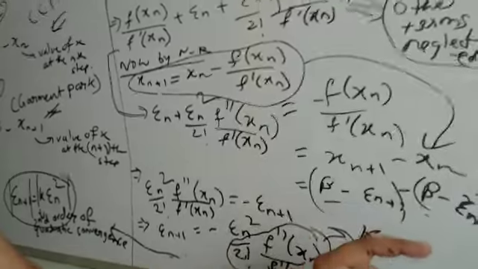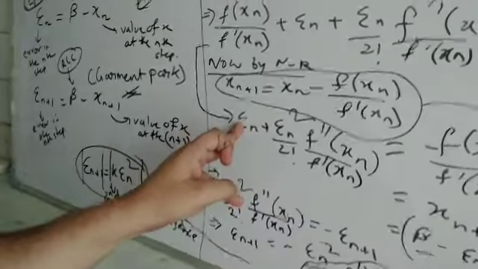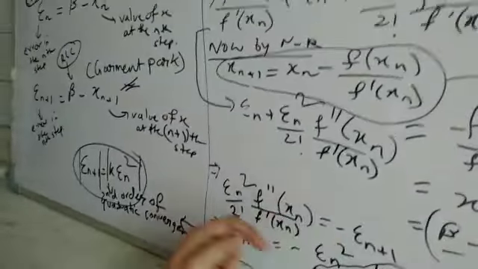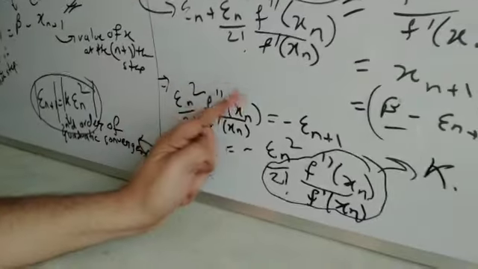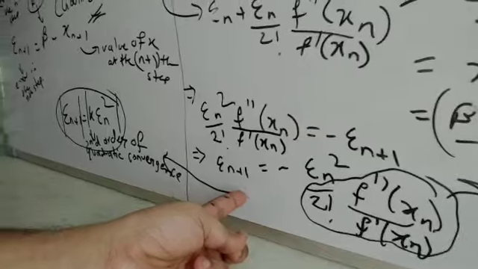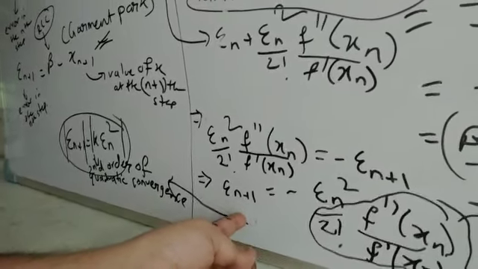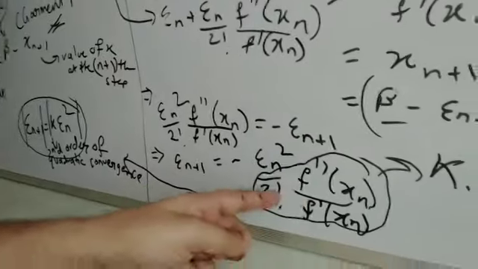Now if you solve this, epsilon n will be plus, and beta will cancel out. So ultimately we will get this much. So if I write the error in the n plus 1 step, it will be this much.